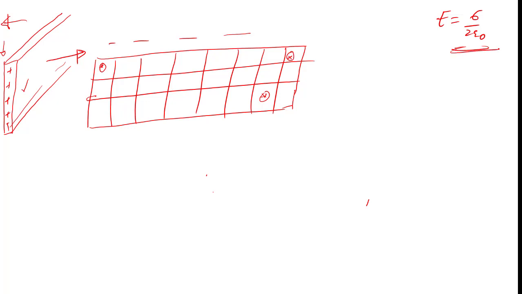So this electric field itself is not really giving you any idea directly. If I take the electric field at this particular point in this particular cell, it is not giving us any information about the energy.